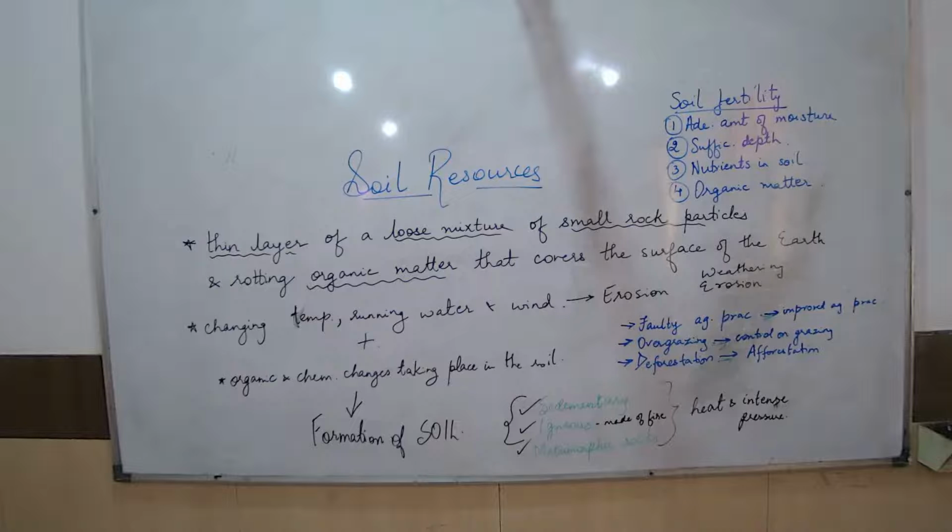So where are these? Which color is that? Peach color, no? This part here, black soil. Here you can see towards the west, and one small part in the western part again.